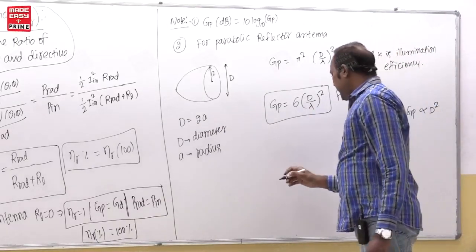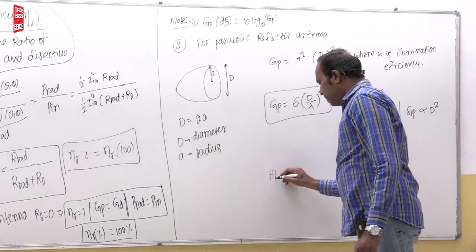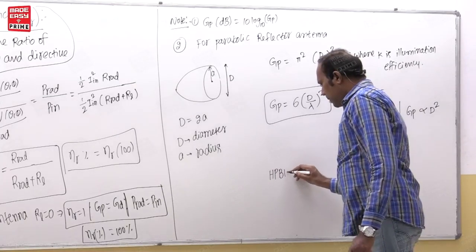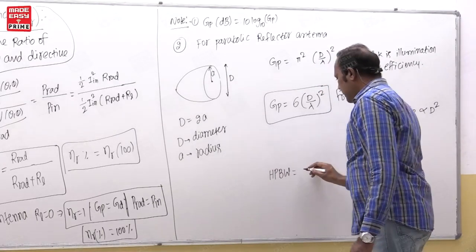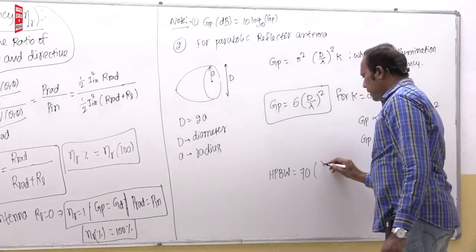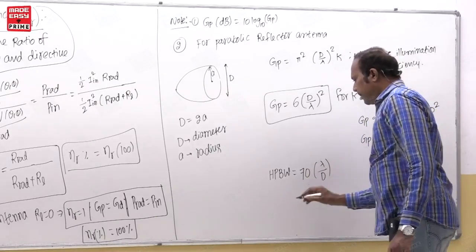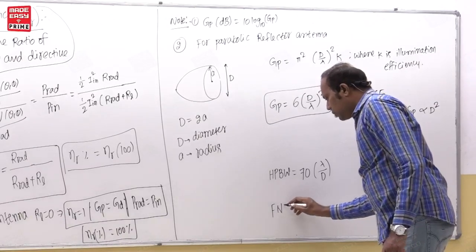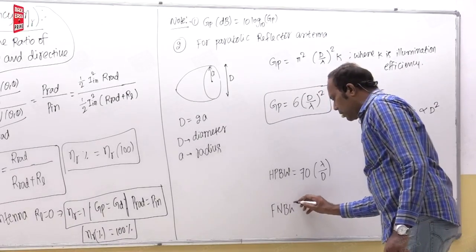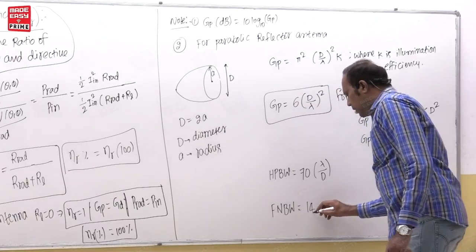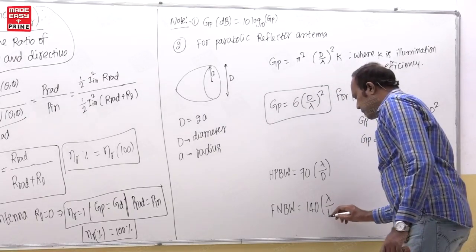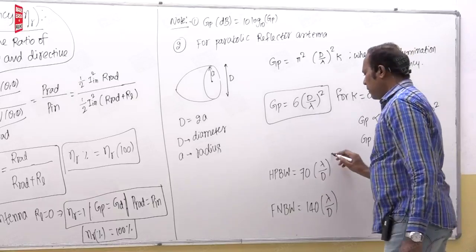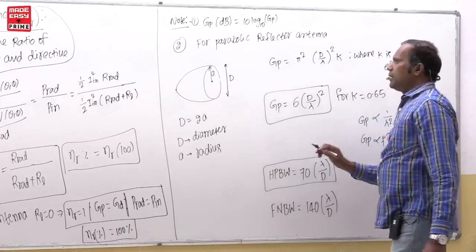Now for this antenna, half power beam width is equal to 70 multiplied by lambda by D. No need to remember the FNBW, but the first null beam width is 140. You know that, dear students. You remember this one, that is more than enough.